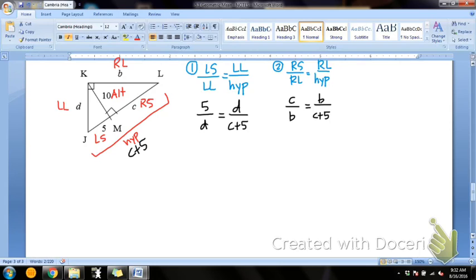And again, I'm getting C's and B's. Is that what you guys are getting? C and B, and we can't do anything there. So now we're praying and hoping that our third proportion actually is going to get me somewhere. Okay, so we'll leave that one alone, come back to it.